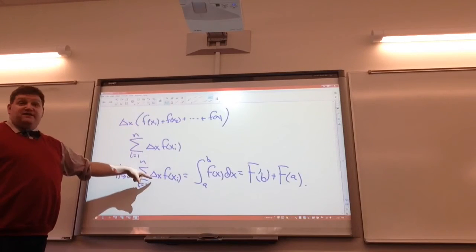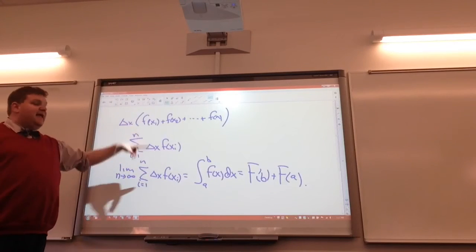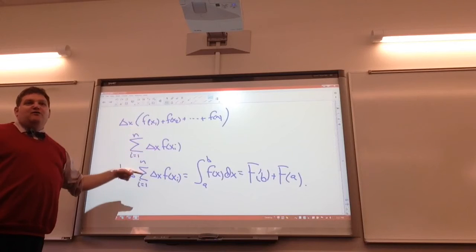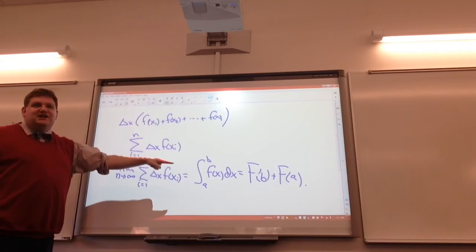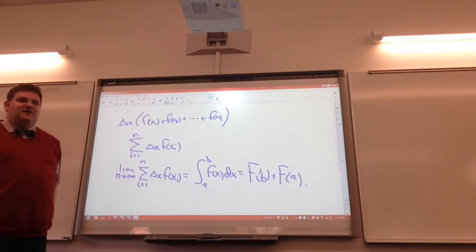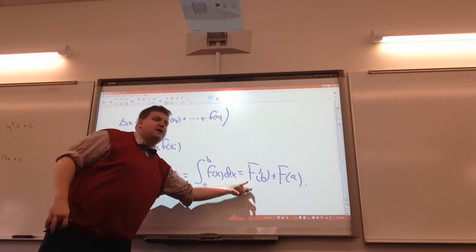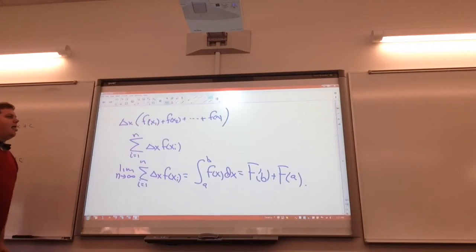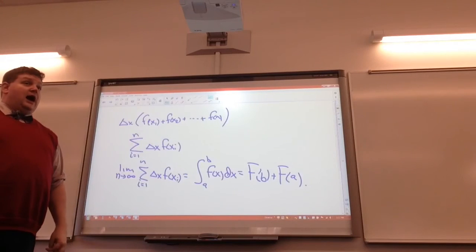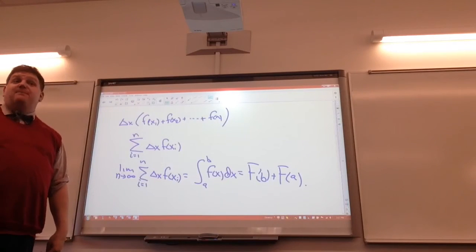So they could replace delta x with whatever, like 5 minus 3 over n times this function, and you're doing the sum of it as n goes to infinity. If you solve that, don't be like, oh my god, it's awful. No, it's just this right over here. So we just did all of that to show why that is the case, but also explain how it could come up in practice, because it does come up on the AP.